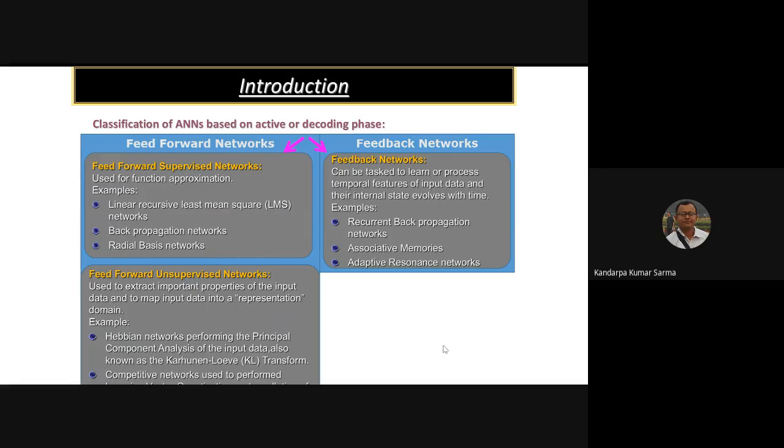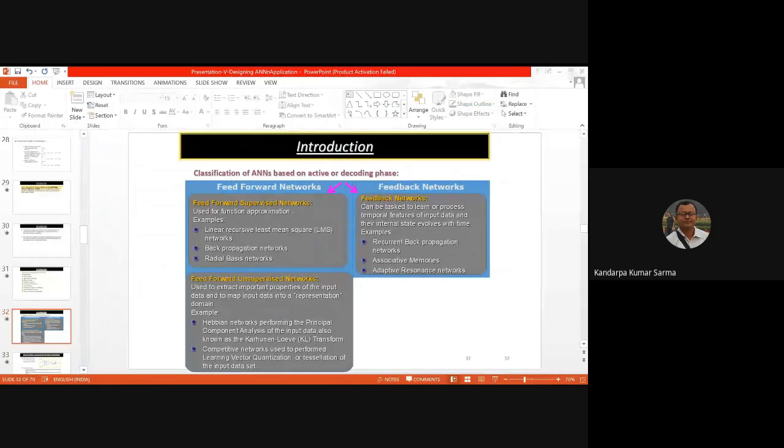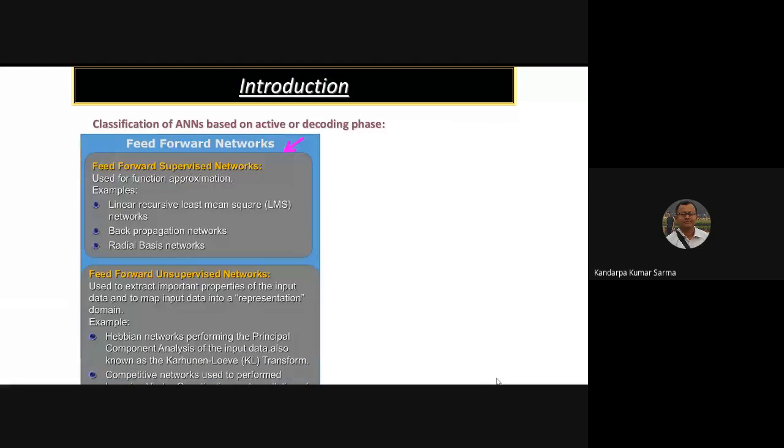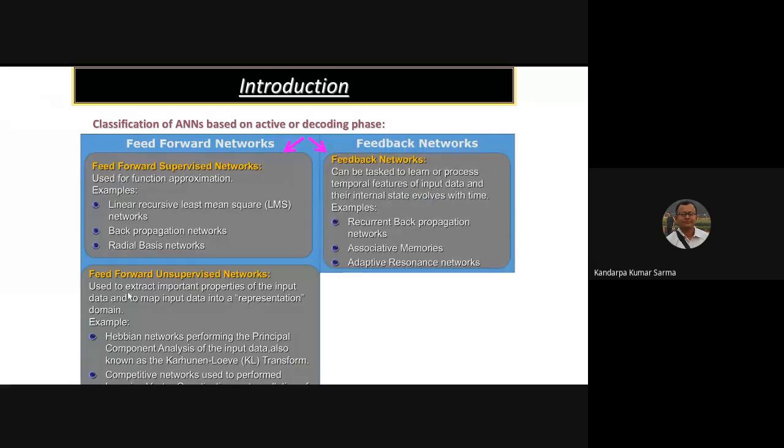And then we can call the multi-layer perceptrons back propagation networks, because they are trained by the use of back propagation. Then we can have one more type. And that type is called the unsupervised feed forward type. We will be talking about that also.